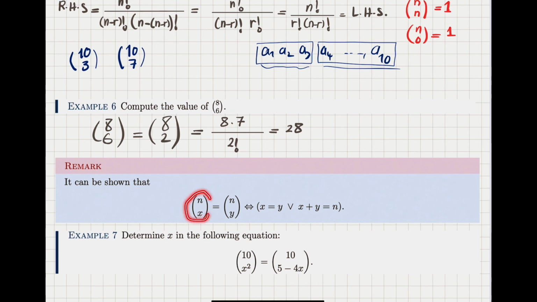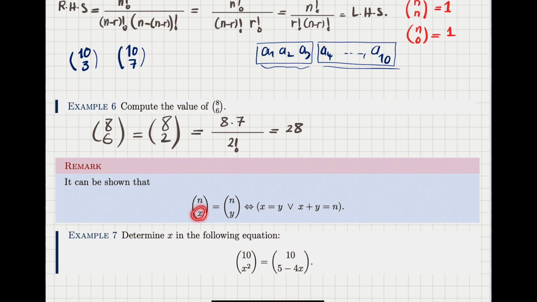If you see this number is equal to that number, the n's are the same, but these might be different. Of course, I haven't written very carefully, because you know that x should be at most equal to n, y has to be at most equal to n, they have to be natural numbers, assuming that all these conditions are fulfilled. If you see these 2 are equal, there are 2 possibilities, not more.